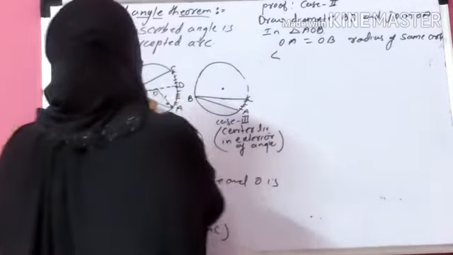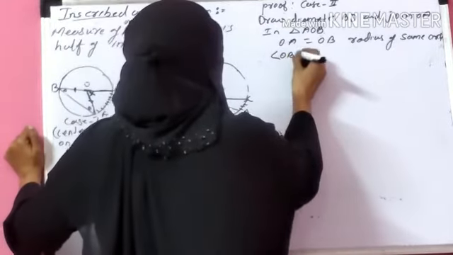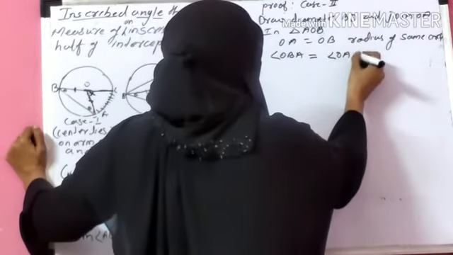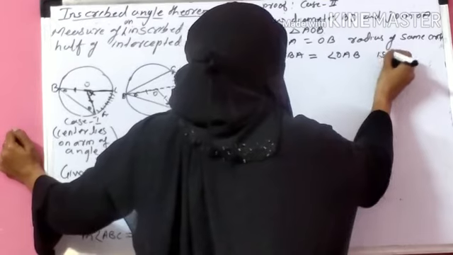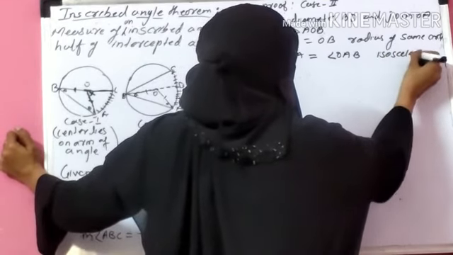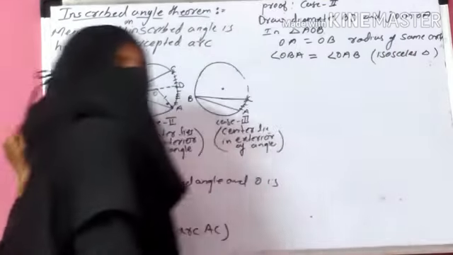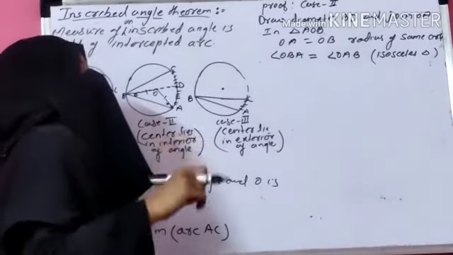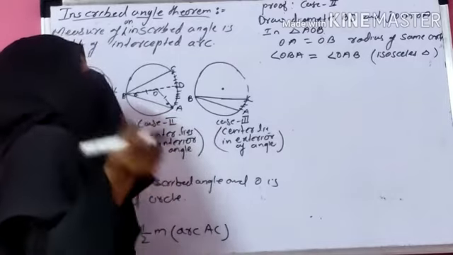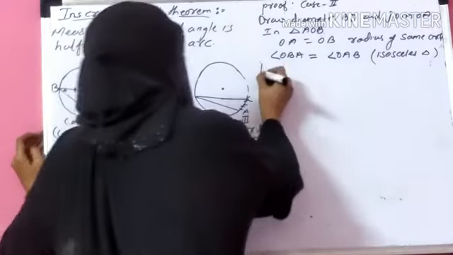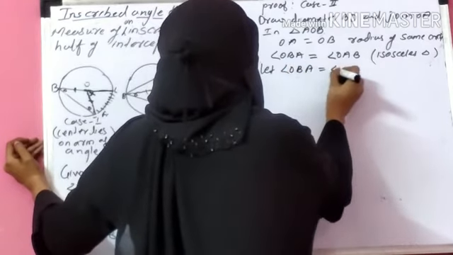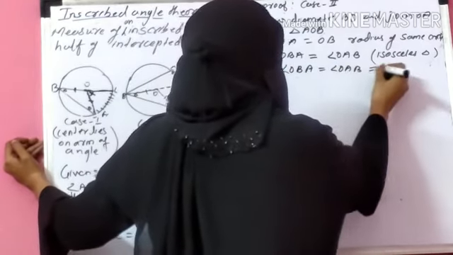So angle OBA is equal to angle OAB. You can write the reason as the isosceles triangle property. Let's suppose the measure of this angle is x degrees. Angle OBA is equal to angle OAB is equal to x degrees.